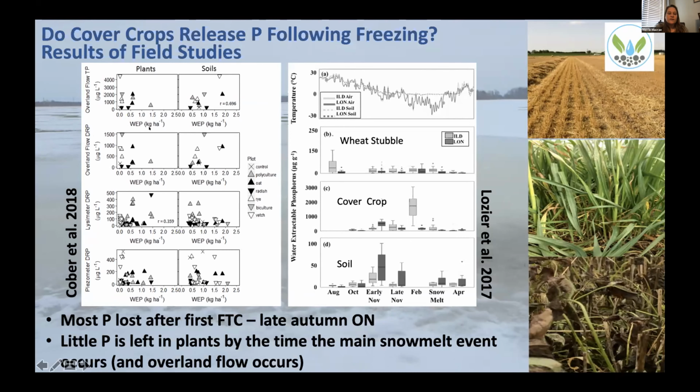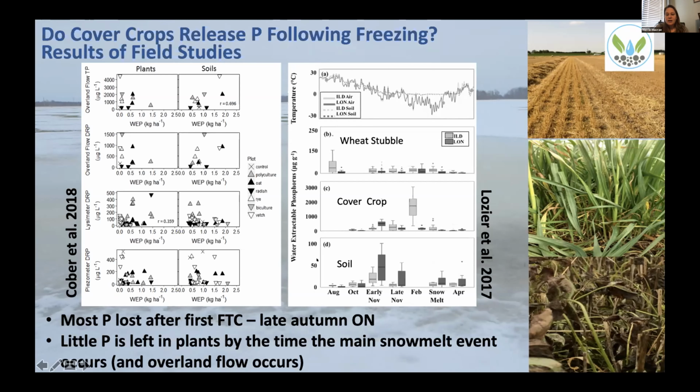But in the surface, it tended to be more related to what was in the soils than what was released by the plants. So although the plants were releasing phosphorus, the soils were more strongly regulating those concentrations.